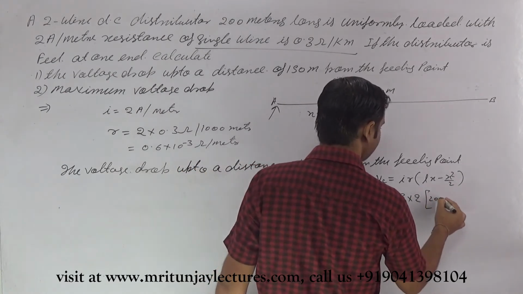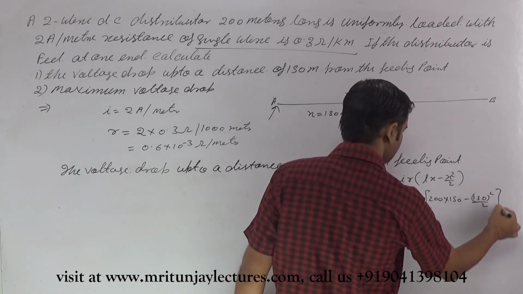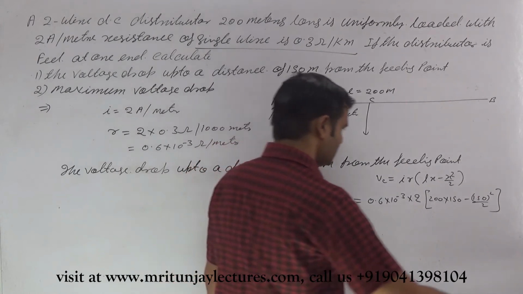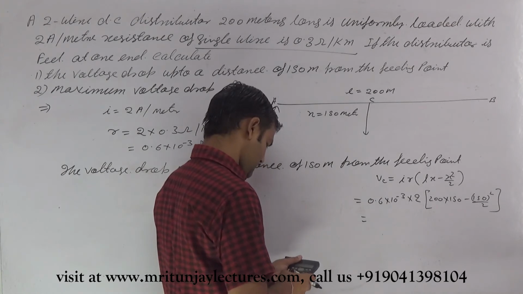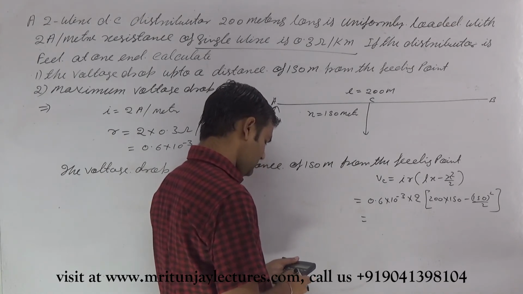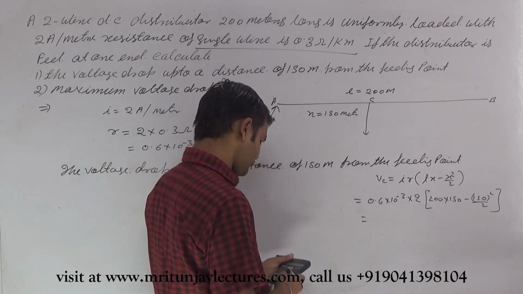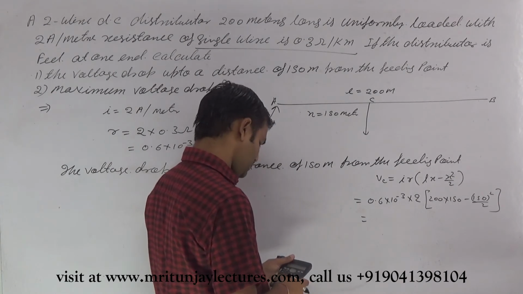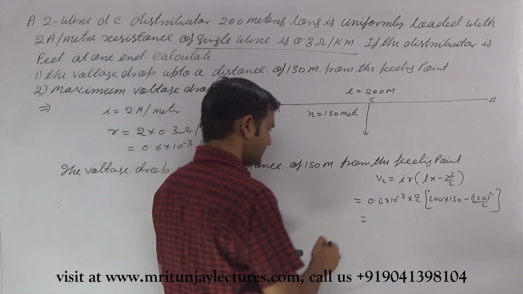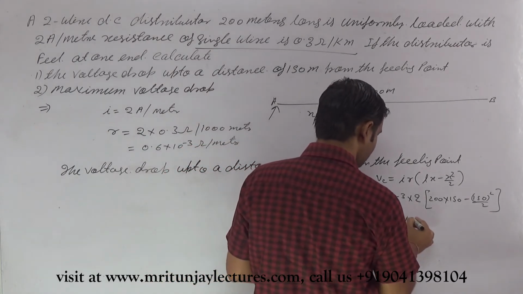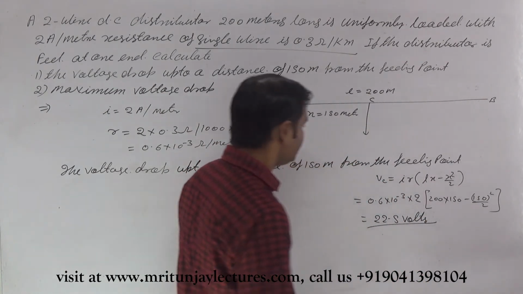That is 200 into 150 minus 150 squared, divided by 2, into 0.6 into 2. That is 22.5 volt.